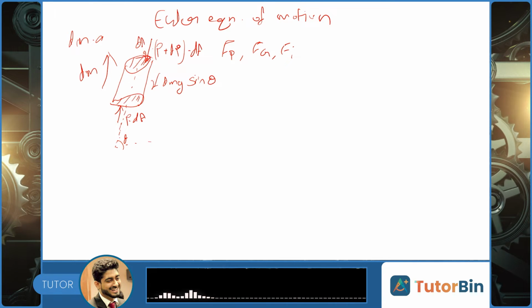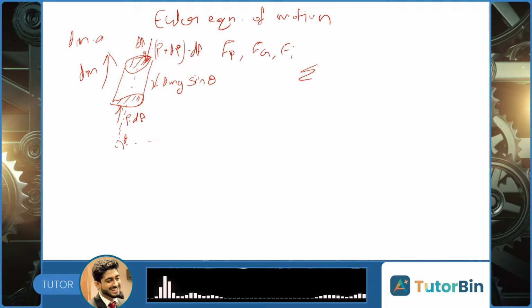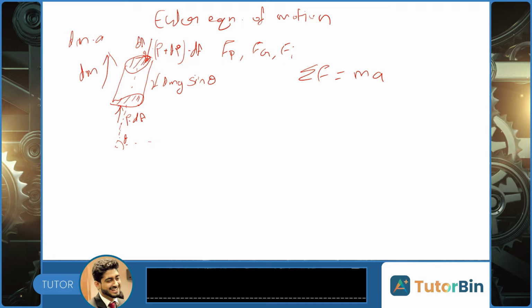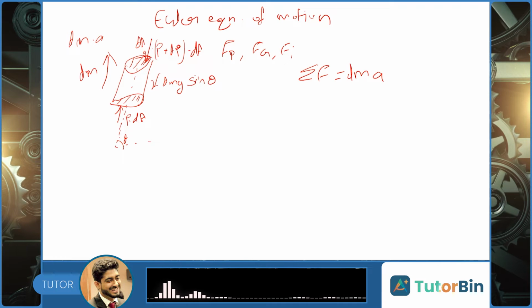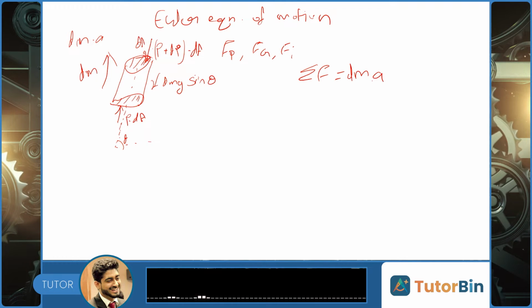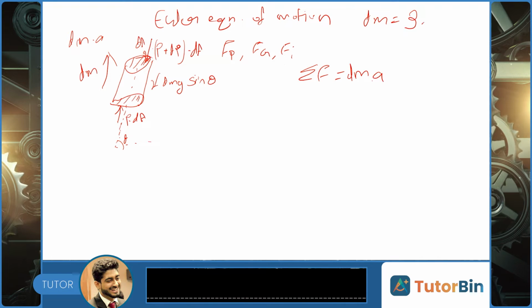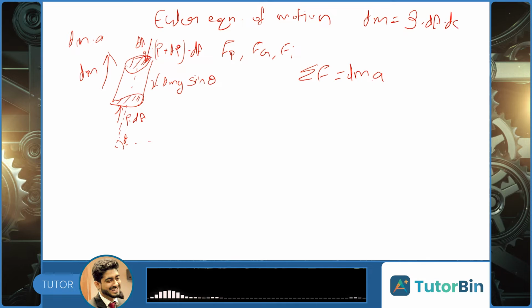So now we write the force equation for this element, that is summation of all the forces should be equal to ma, or we can say dm times a, where dm is an elemental mass, that is density times area multiplied by distance, that is the volume of this element.